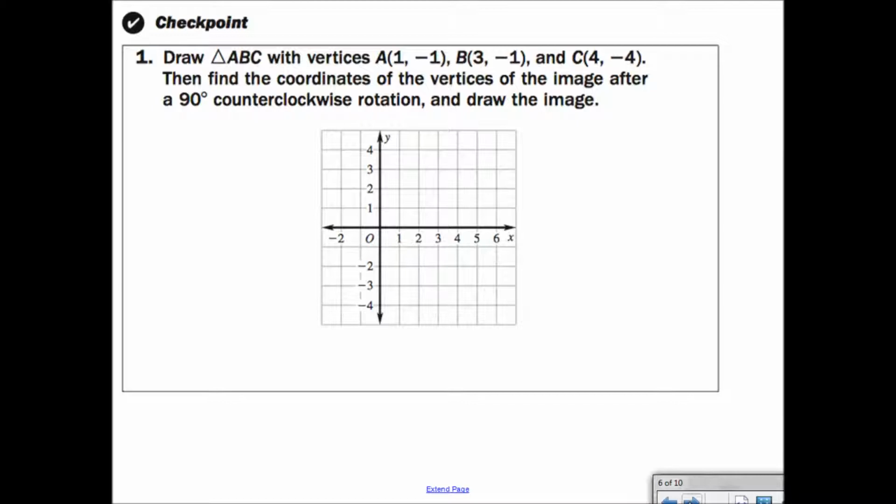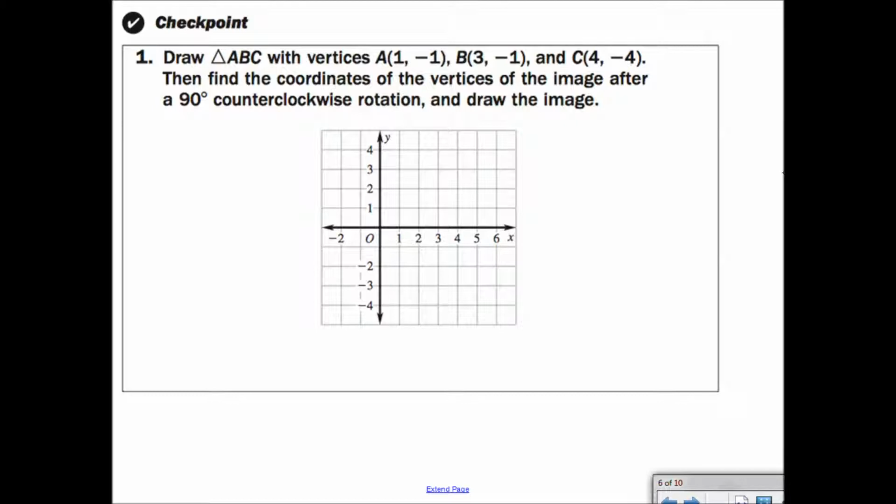Draw triangle ABC with vertices at A 1, negative 1, B 3, negative 1, and C 4, negative 4. Then find the coordinates of the vertices of the image after a 90-degree counterclockwise rotation and draw the image.